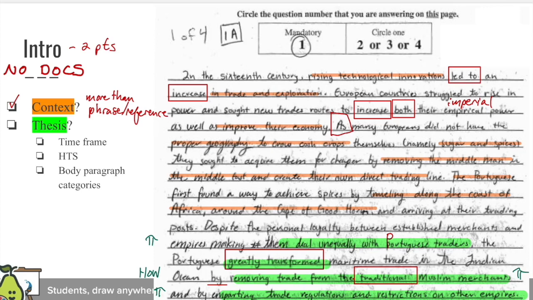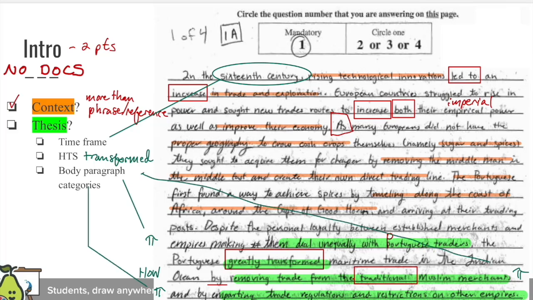Number 2, and by imparting trade regulations and restrictions on other empires. That's going to be body paragraph number 2. But they also put in a caveat. Despite established merchants and empires dealing unequally with Portuguese traders. So that could be a bit of a continuity. That could be another body paragraph.